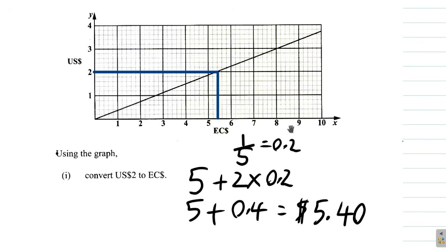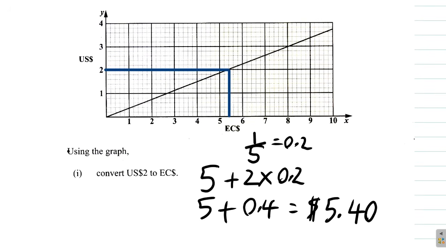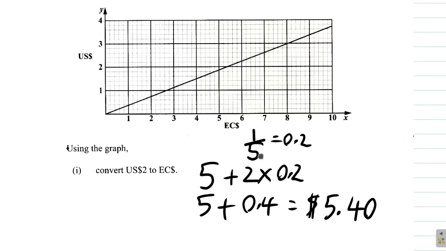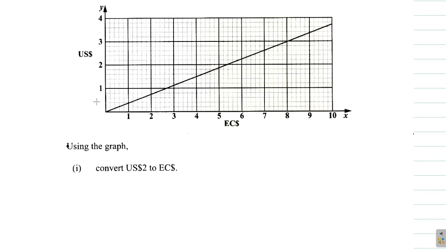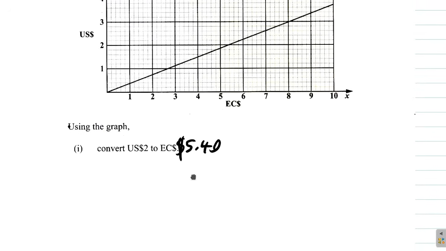So what will you do? It's a straight line, and you can come up with the equation of this straight line. Remember, the answer was $5.40. Let's erase this and concentrate on answering this part of the question.